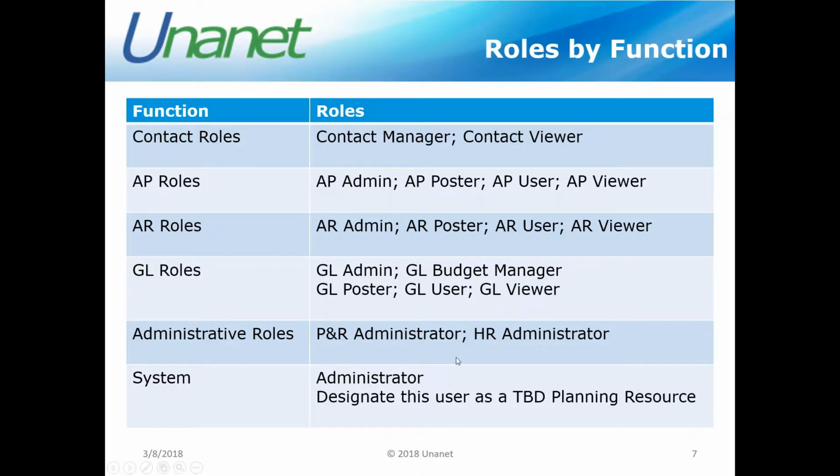Now there are administrative roles outside of being the overarching system administrator, and those are the PNR admin and the HR admin. And then, of course, at the system level, there is that overall system administrator. But again, if you have the Project Portfolio Plus license type, it's at that overall systems level that you could designate a user as a TBD planning resource.